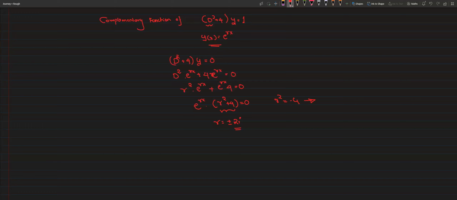Usually whenever we have the e power rx format, the complementary solution y of x will be e power ax into cos bx plus e power minus ax into sin bx, with constants b1 and b2.